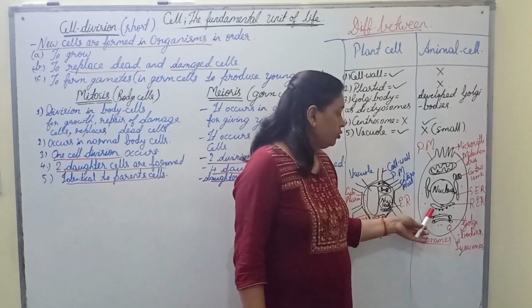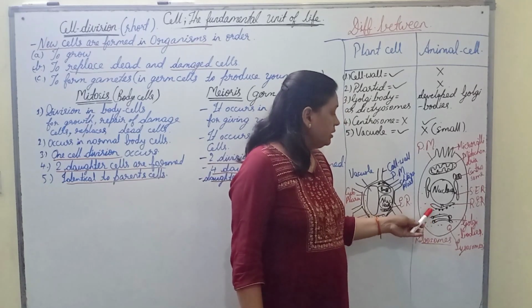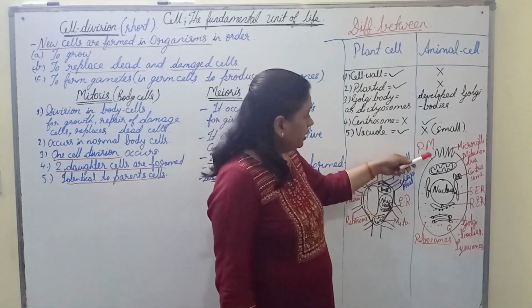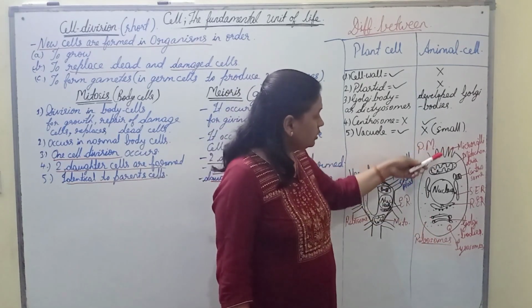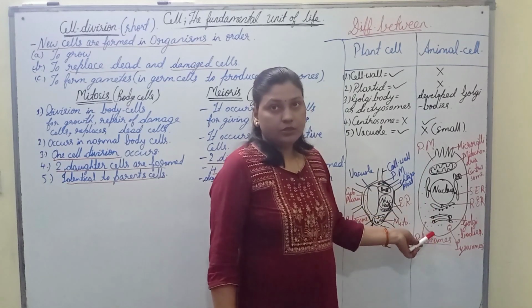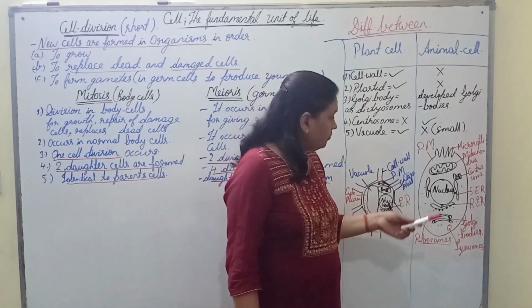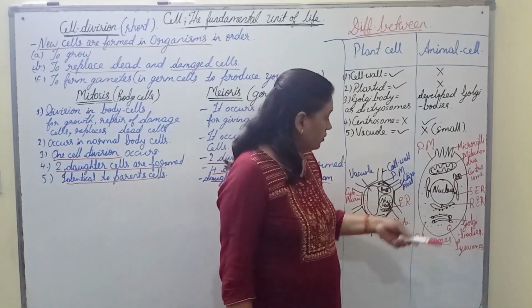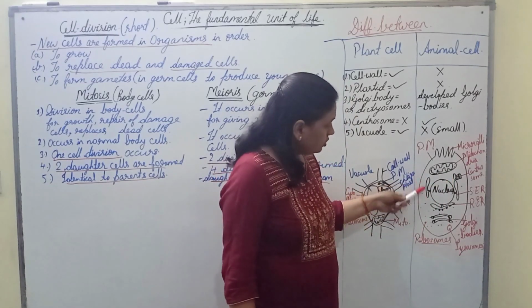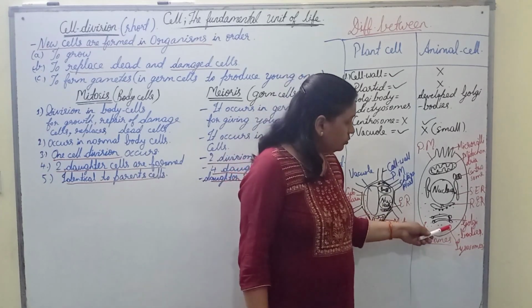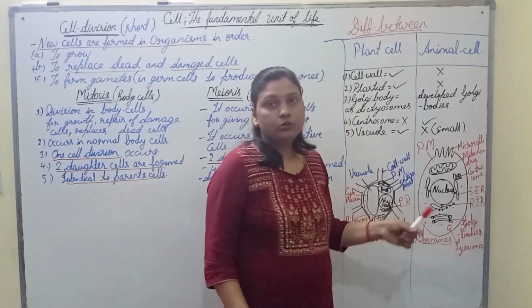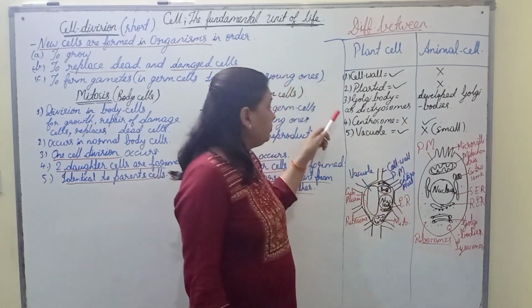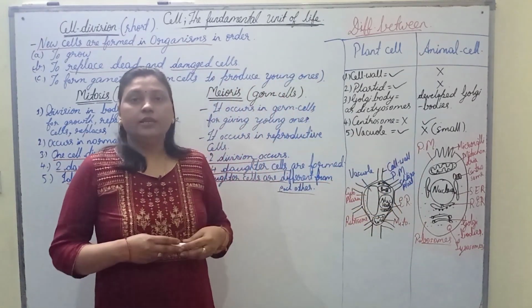Next to the endoplasmic reticulum, the Golgi body is present between the nucleus and plasma membrane. Here mitochondrion is present. Chloroplast is absent in the animal cell. A new structure, the centrosome, is present in the animal cell. Dot-like structures, ribosomes, are present, and lysosomes are present. Lysosomes are found both in plant and animal cells. So this is all about the difference between plant and animal cells.